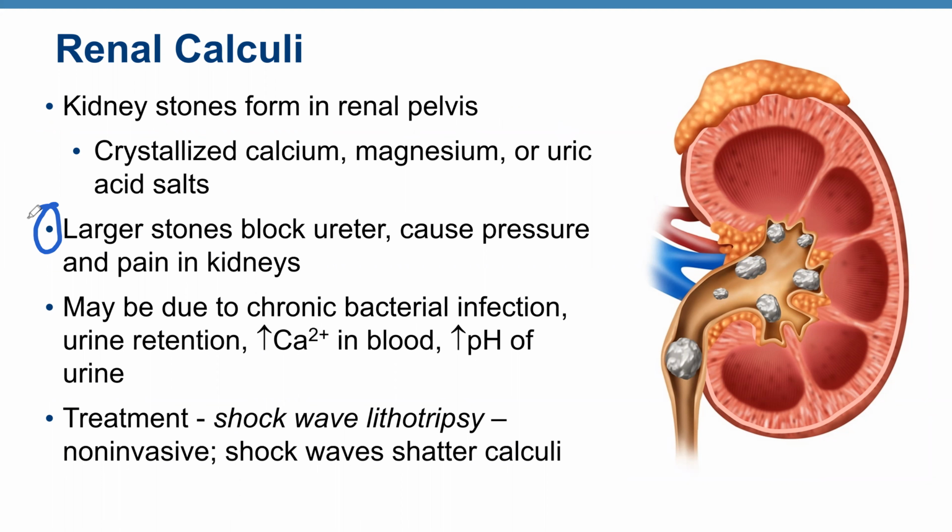Larger stones block the ureter, you see over here, and cause pressure and pain in the kidneys. It may be due to chronic bacterial infection, urine retention, increase of calcium in urine and in blood, and increase of pH of urine. Treatment is shock wave lithotripsy.